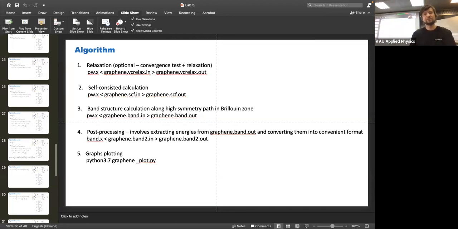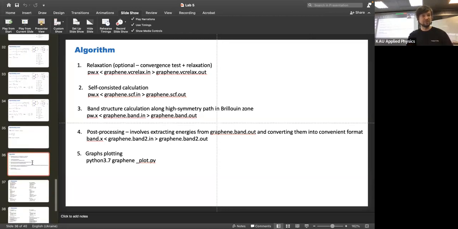We'll get a more or less good crystal structure of our graphene. Then, as in previous laboratories, some self-consistent calculations, then band structure, some post processing, and graphs.